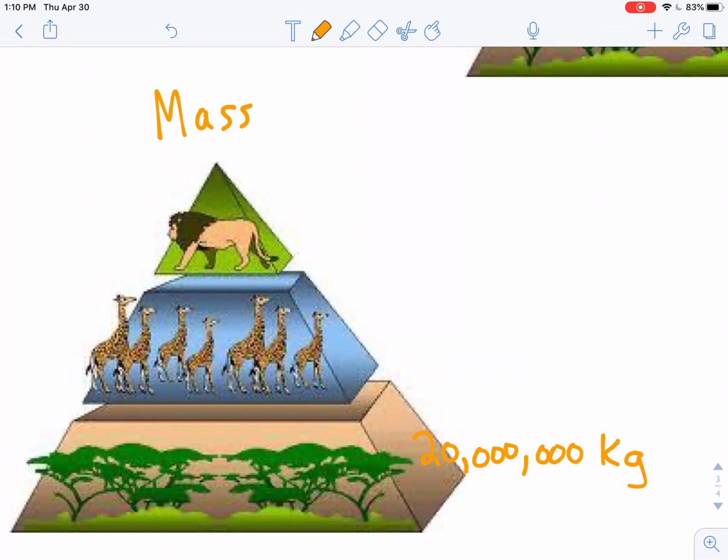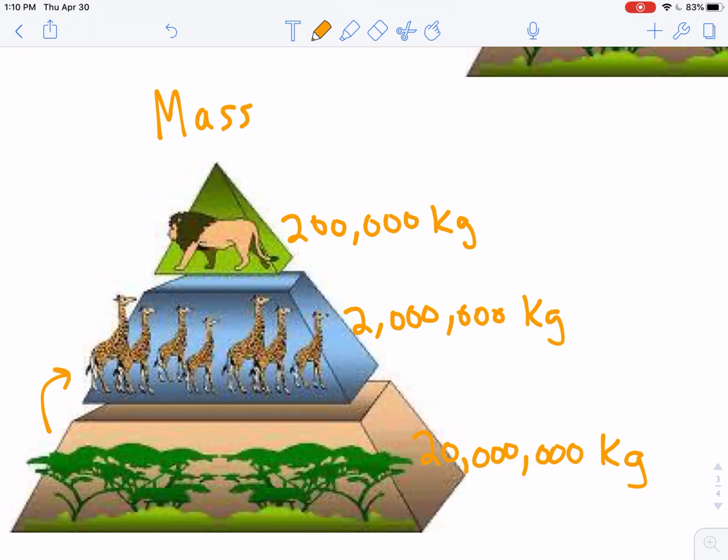Okay, now if we do the same thing with all the giraffes, put them all together on a scale, every giraffe in the ecosystem, you'd probably get not 20 million, but only 10% of that. That's 2 million kilograms of giraffe. And then if we get all the lions together and put them on a scale and weigh them, we would probably see only about 200,000 kilograms.